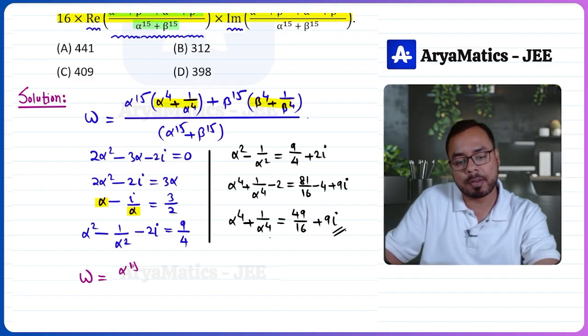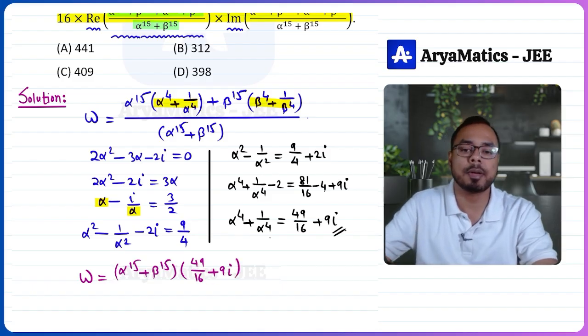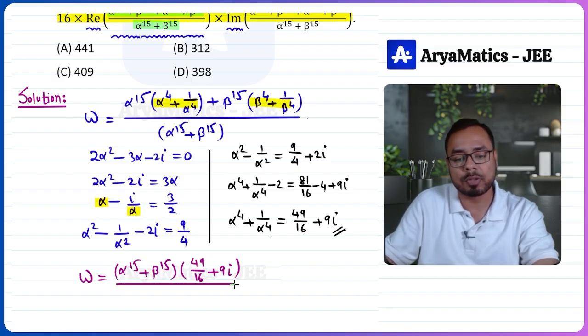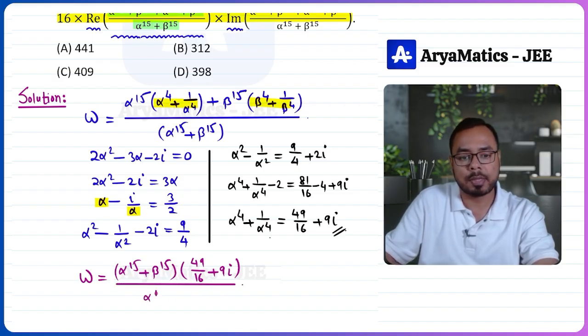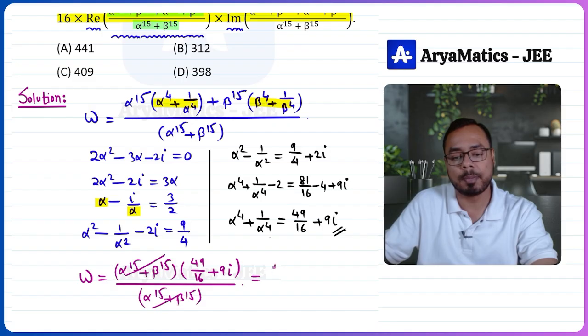Then we are left with alpha raised to 15 plus beta raised to 15, multiplied by 49 by 16 plus 9 iota, divided by alpha raised to 15 plus beta raised to 15. Now these two terms you can cancel. So ultimately omega is 49 by 16 plus 9 iota.